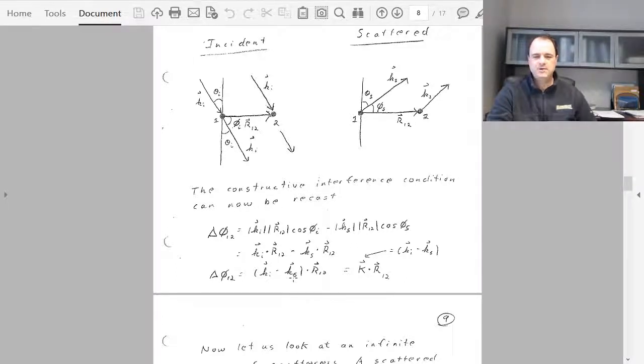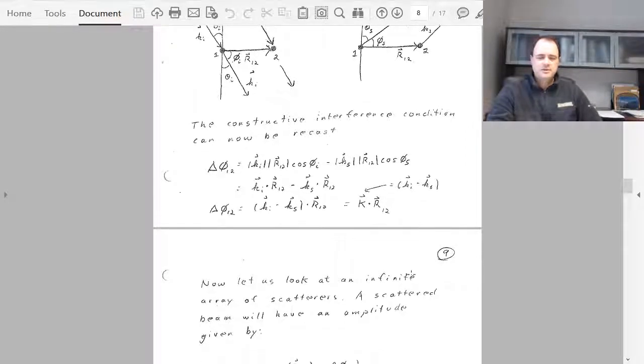That's what capital K is from here on out. All right. So this is the required phase constructive interference condition so that the scattered waves of these two scatters constructively interfere. The requirement is that K dot r12 has to be an integer multiple of 2 pi.